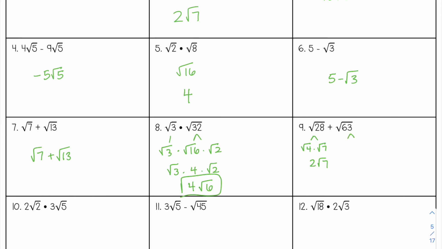And then the largest perfect square that will go into 63 would be 9. 9 times 7. So that would be 3 on the square root of 7. And remember, I'm adding here. So now they do have the same radicand, so I can combine them together. So that's going to be 5 square roots of 7.